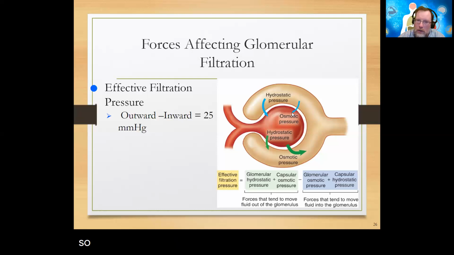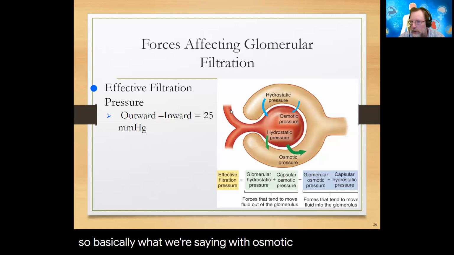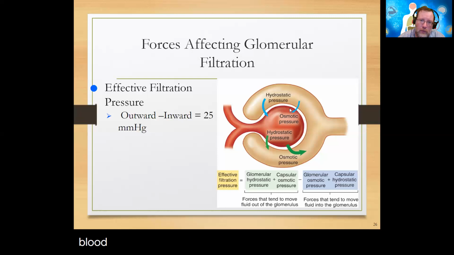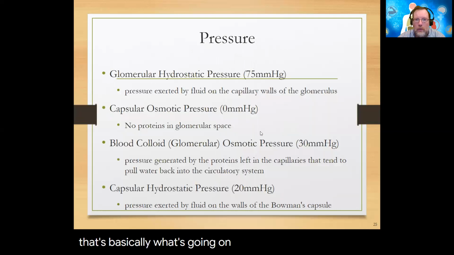Okay, so basically what we're saying with osmotic pressure is that there's still a lot of stuff, substances, solutes in the blood, and so there's a higher osmotic pressure because there's more stuff in there for water to want to come in and dilute. Okay, so that's basically what's going on with this glomerular osmotic pressure.